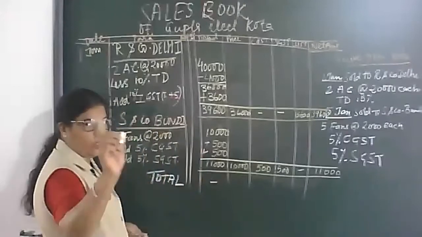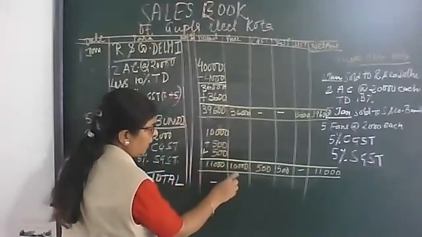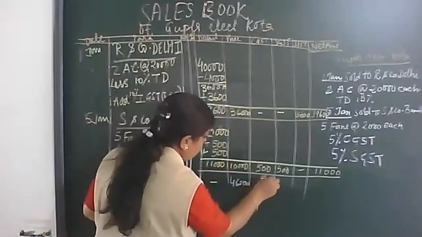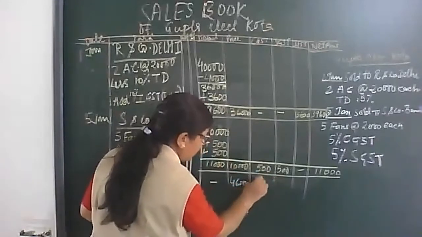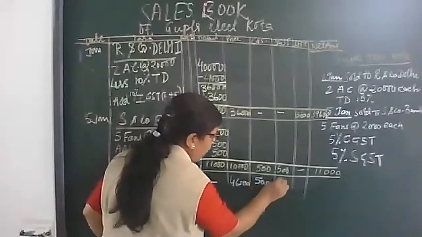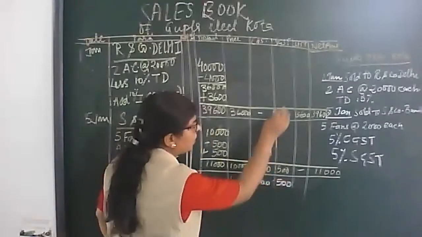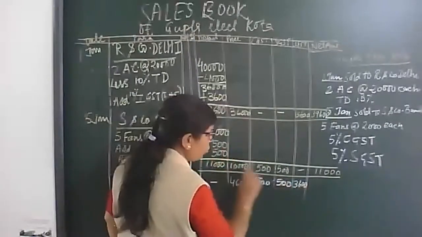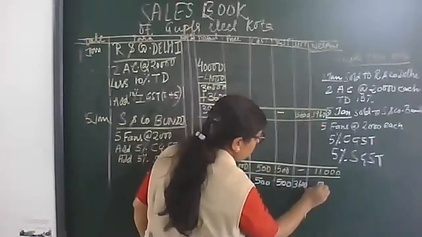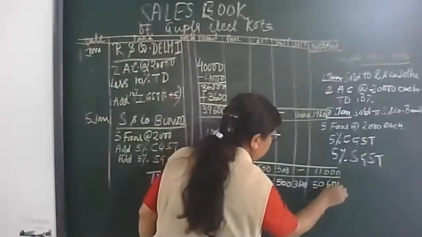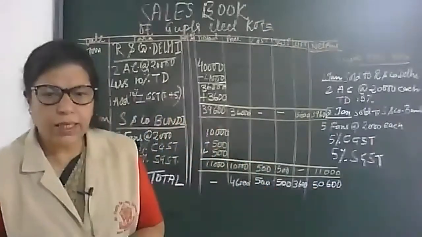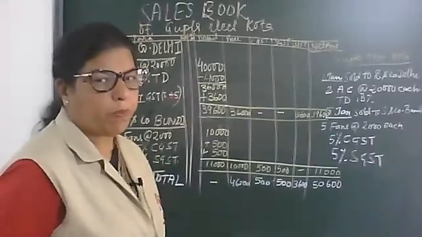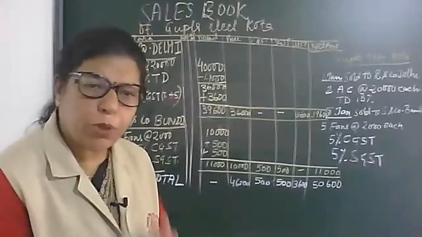First column will not be required. 36,000 and 10,000, 46,000, 500 CGST, 500 SGST, 3,600, that one, and the last column is 50,600. This is the total process of preparing the sales book.